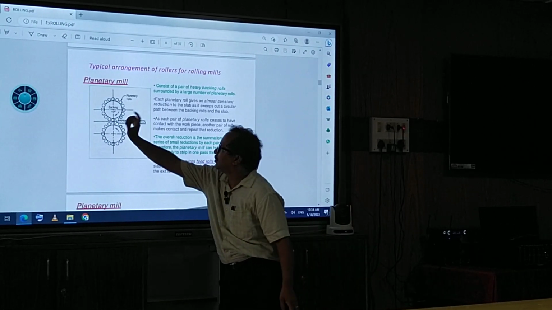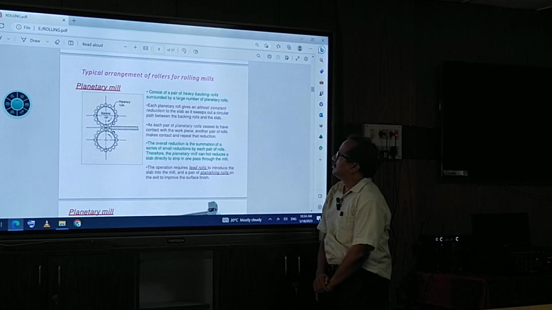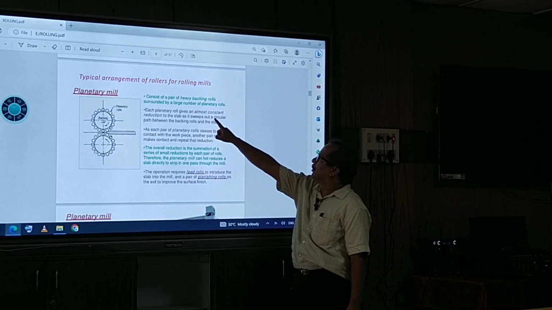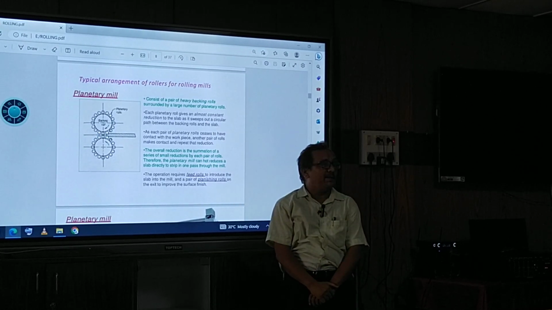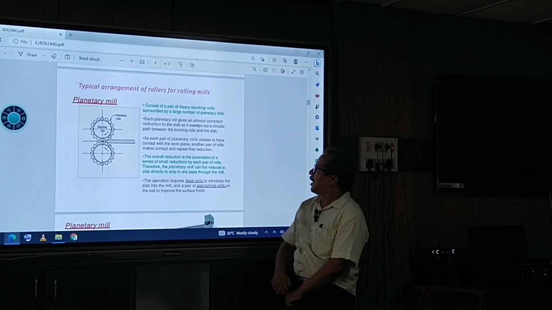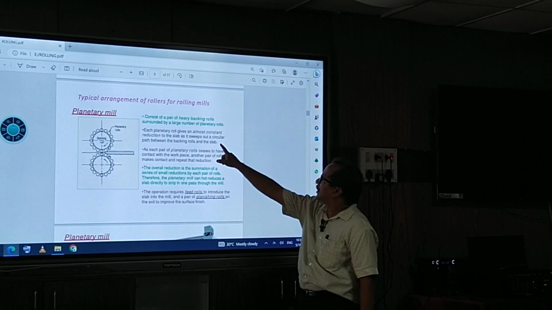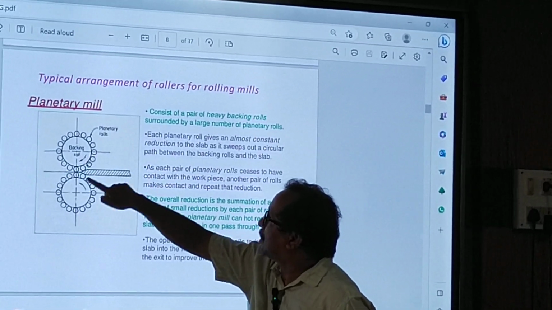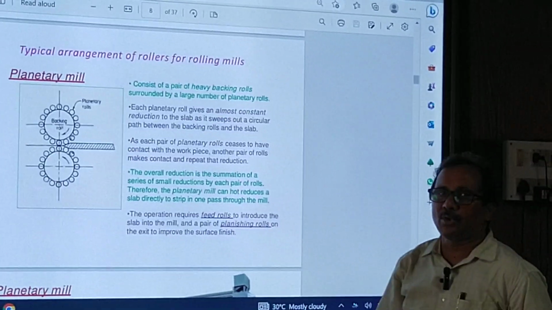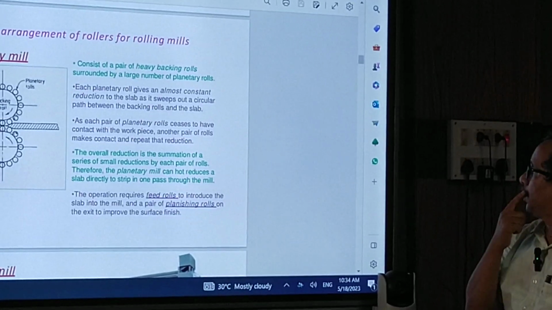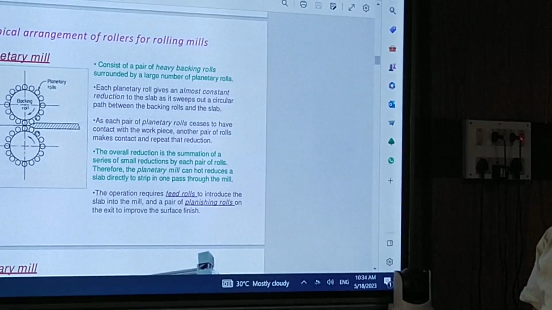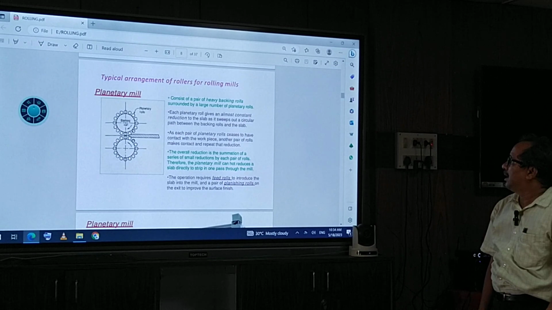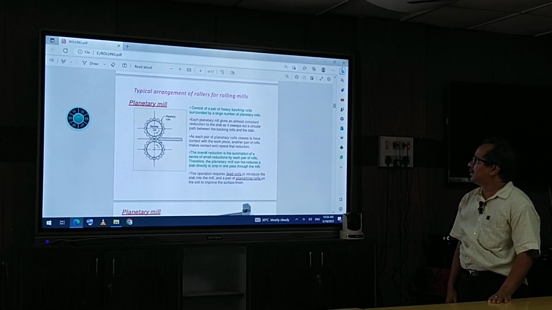It consists of a pair of heavy backing rolls surrounded by a large number of planetary rolls. What are the planetary rolls? These small rolls are called planetary rolls. Each planetary roll gives an almost constant reduction of the slab as it sweeps out a circular path between the backing rolls and the slab.